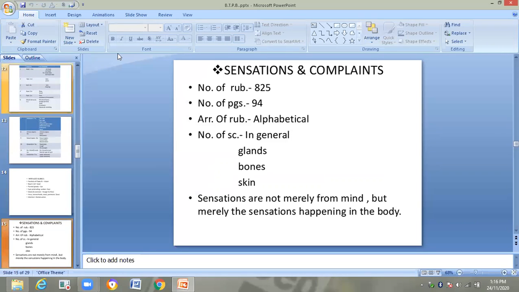Now in this repertory, under the part sensation and complaints, there are about 825 rubrics.